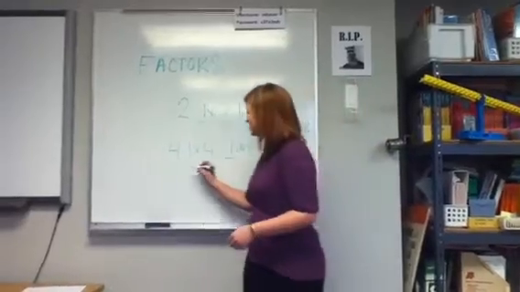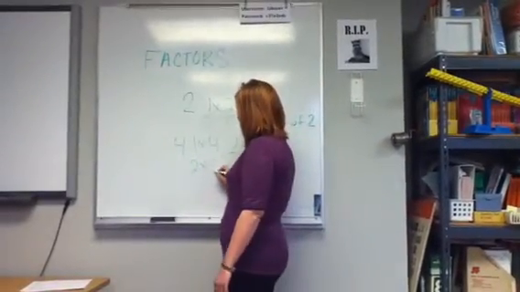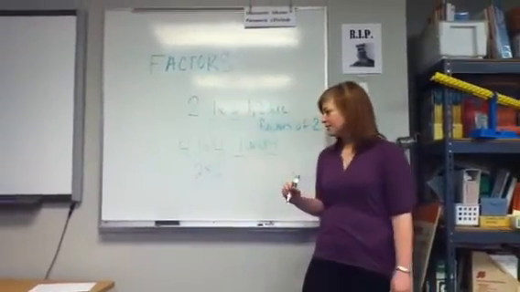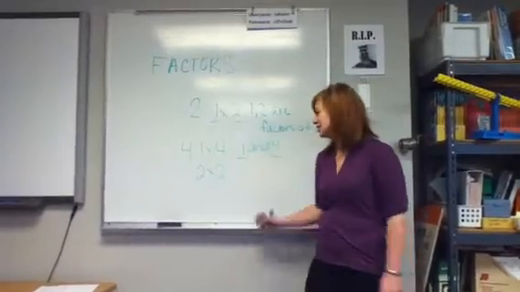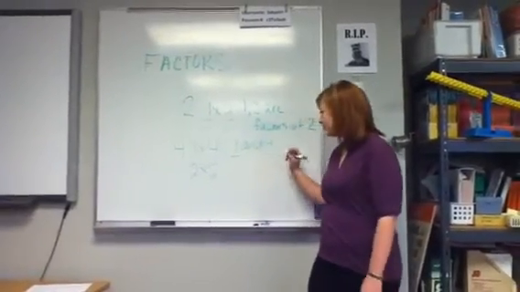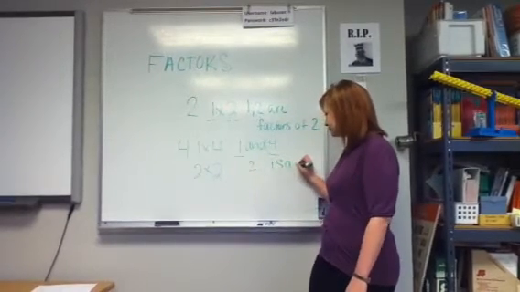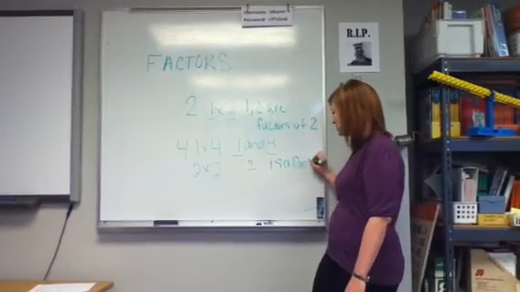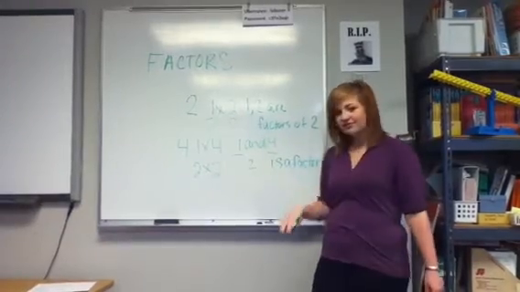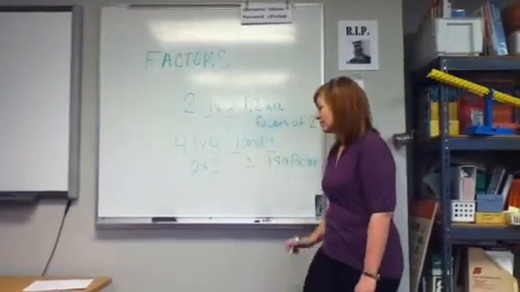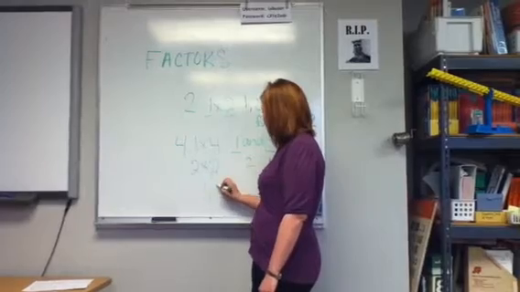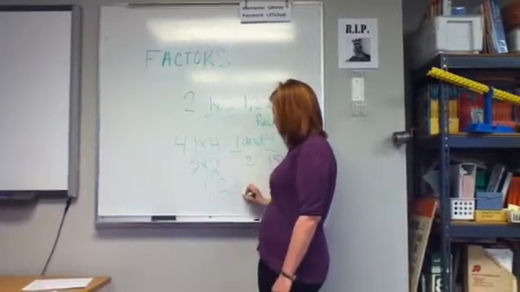That's right. 2 times 2. But because we don't need to repeat numbers, we can just say 1 and 4 are factors, and 2 is a factor. So class, what are all the factors of 4? That's right. 1, 2, and 4.